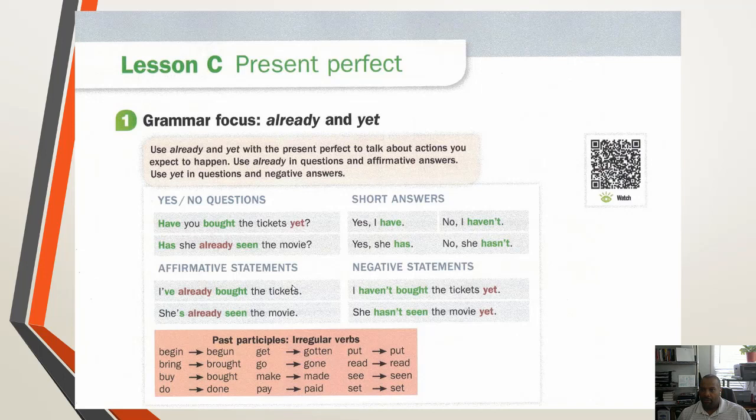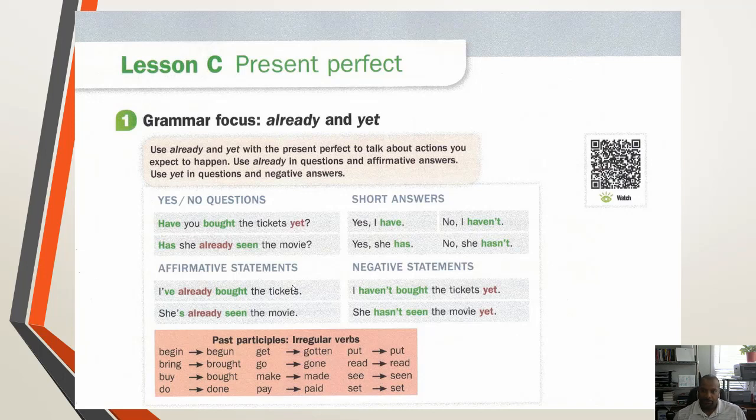Use already and yet with the present perfect to talk about actions you expect to happen. Use already in questions and affirmative or positive answers. Use yet in questions and negative answers.